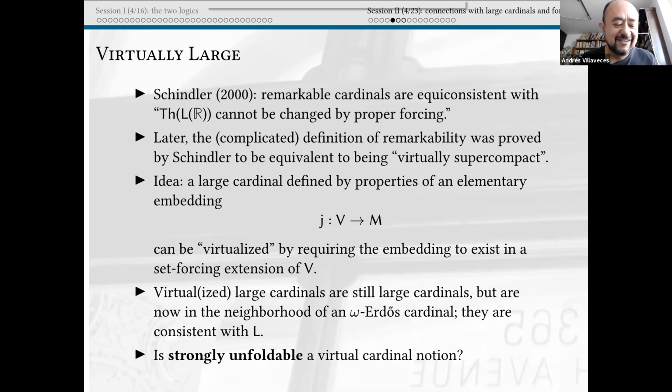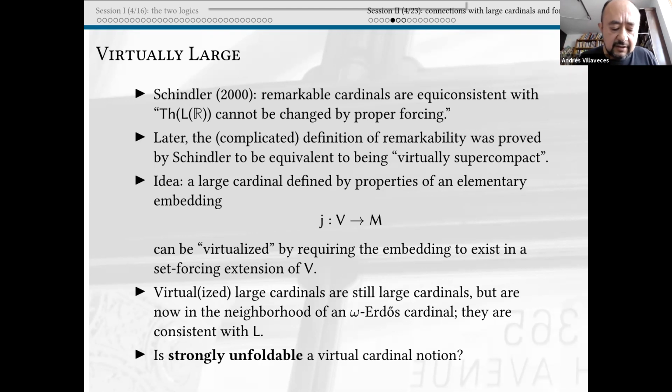I introduced these strongly unfoldable cardinals many years ago, when looking at questions inspired by Enayat's analysis of models of arithmetic and trying to transfer some of Enayat's analysis to models of set theory, which are much harder even than models of arithmetic. And somehow, at some point, the notion of unfoldable and strongly unfoldable cardinals appeared.